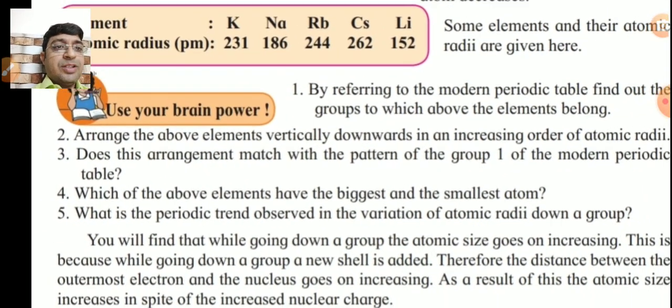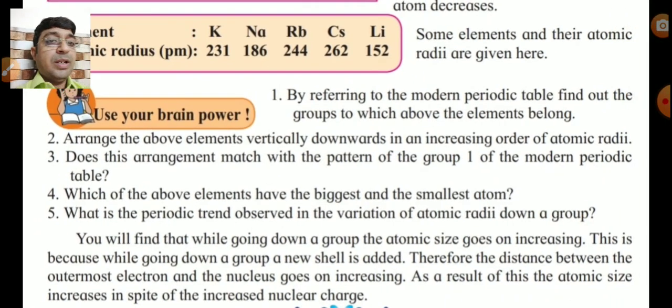So again 5 questions are given. Use your brain power and we are writing the answer. What is the first? By referring to the modern periodic table, find out the group to which the above elements belong. So I think all these elements belong to group 1, that is alkali metals.